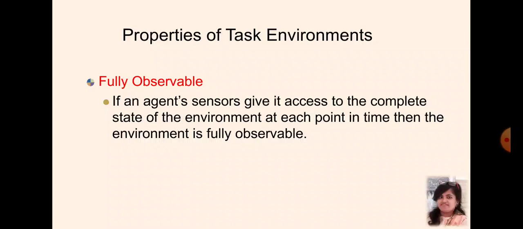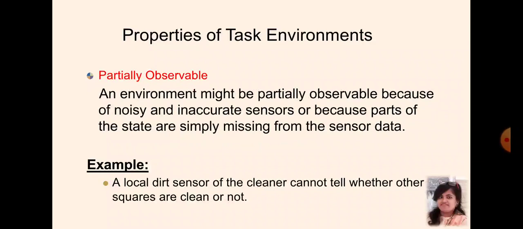That is, if we can completely understand the state of the environment at each particular time, then the environment is fully observable. Now, an environment might be partially observable because of noisy and inaccurate sensors, or because parts of the state are simply missing from the sensor information.